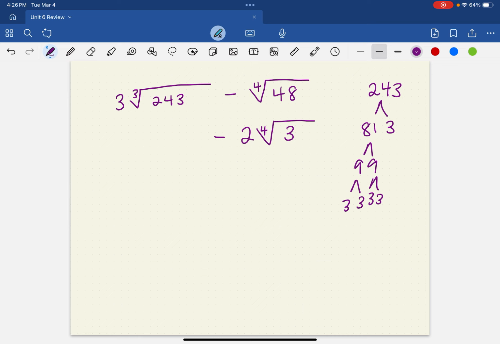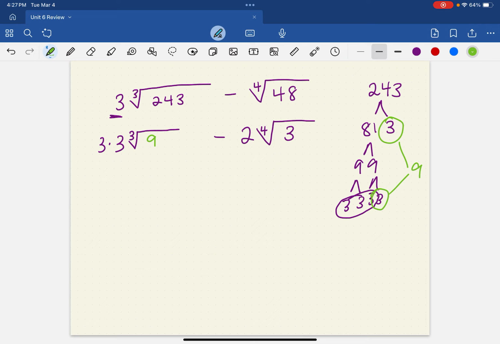Okay, so I am taking out trios because this is cube root. So group of 3 right there. I already had this 3 outside, so 3 times the group that I'm taking out. Cube root inside, I'm left with this 3 and this 3. So if I'm left with more than one number inside, I have to multiply them. So that is a 9 on the inside.